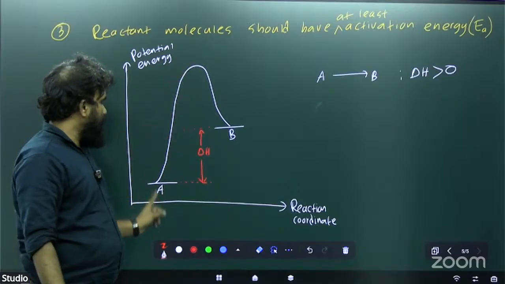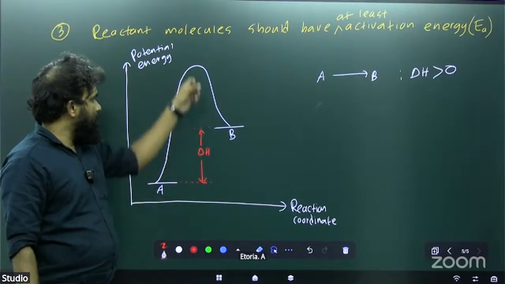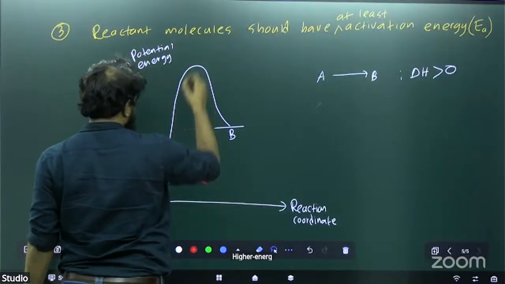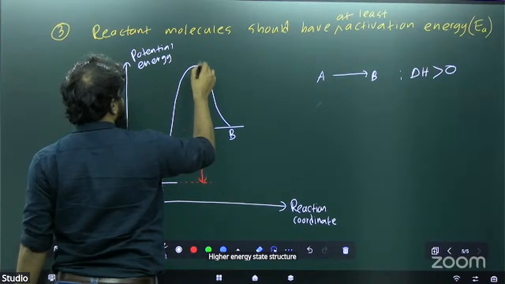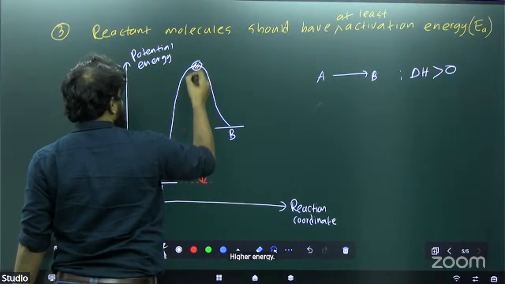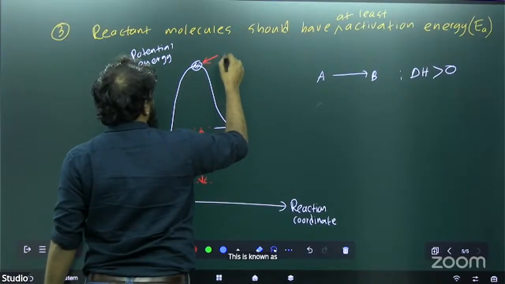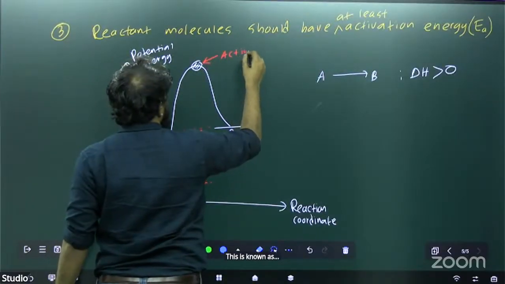So in the middle of this A to B conversion, a higher energy state, a special structure, is formed here. This is known as the activated complex.